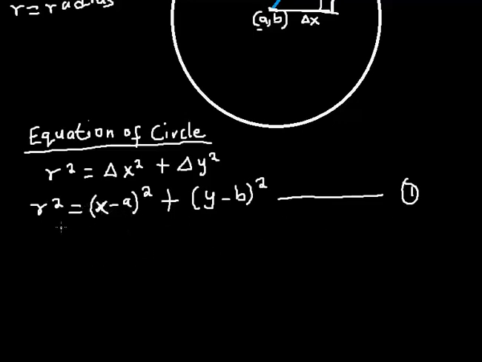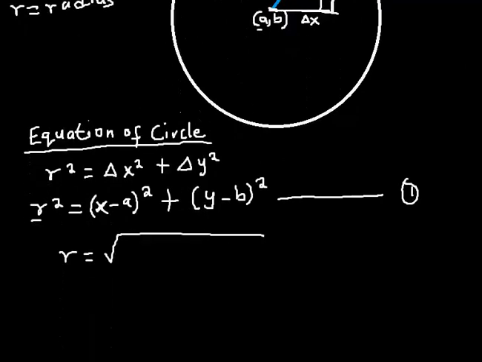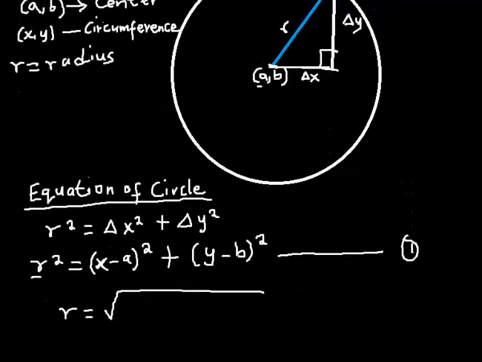Now the question is, how will I get this radius? To get the radius, we apply Pythagoras theorem. The radius is the length of this line. I've shown you how to evaluate the length of a line when we treated coordinate geometry.